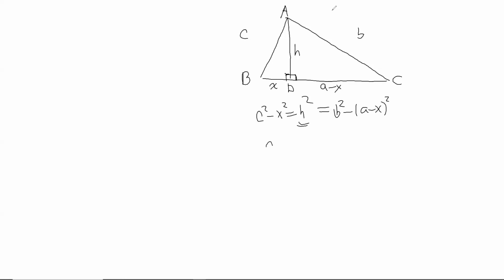So then you get c squared minus x squared equal to b squared minus a squared plus 2ax minus x squared, agree? And then the x squared cancels.